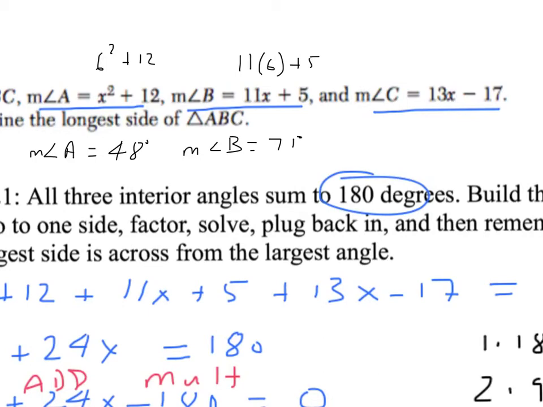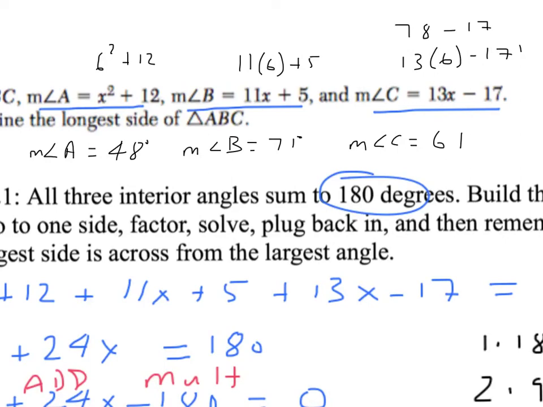And then I have one more to plug in. 13 times 6 minus 17. So 13 times 6 is 78. And 78 minus 17 gives me the measurement of angle C, which is 61 degrees.